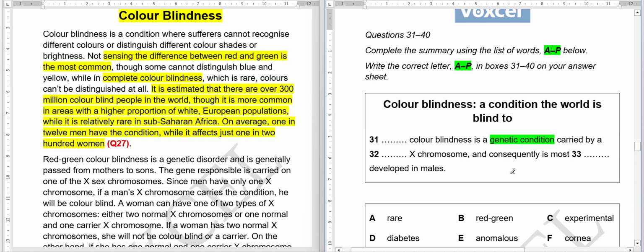We haven't read anything about the genetic condition, we haven't read anything about X chromosome, and we haven't read anything about the result that is developed in males. We know women are least affected compared to men. And if we talk about general population, African people are less affected than Caucasian people or European population.